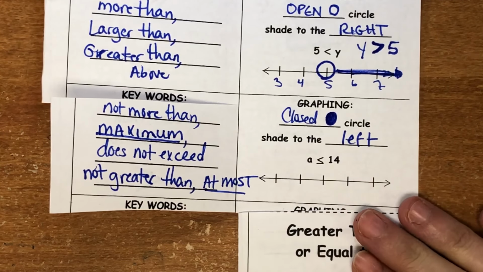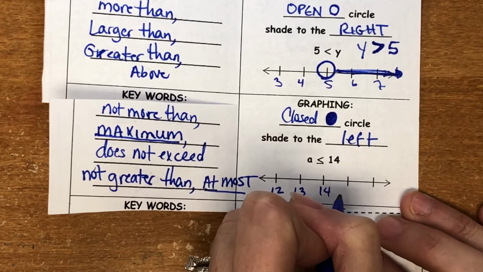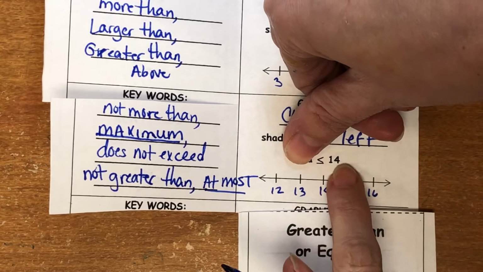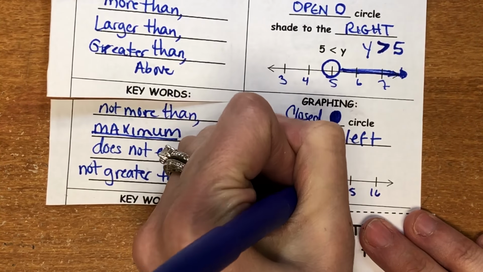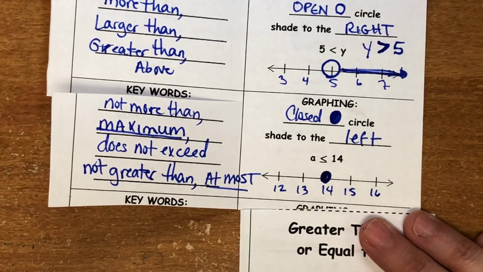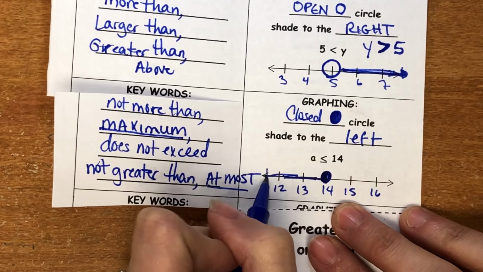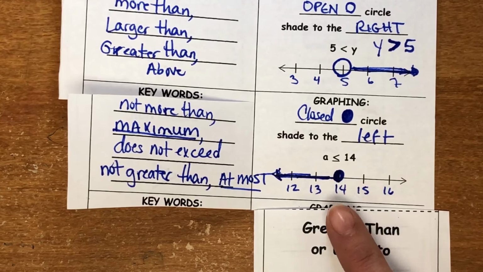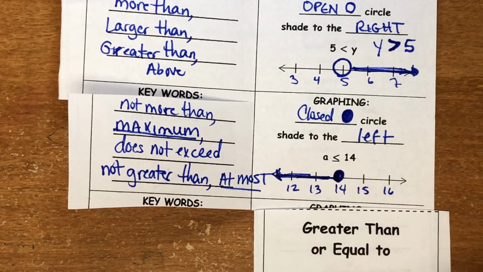When I graph this, I label 12, 13, 14, 15, and 16. That means a can be equal to 14 or less than 14. I'm going to put a closed circle to include 14, and then shade to the left to indicate these values are also less than 14. So I can go up to 14. I can be 14 or less.